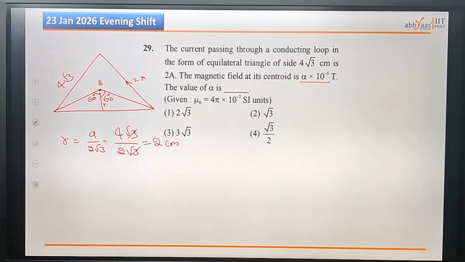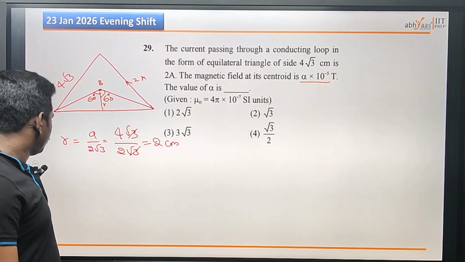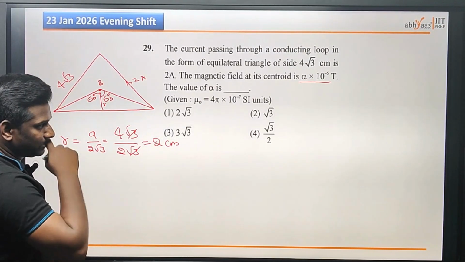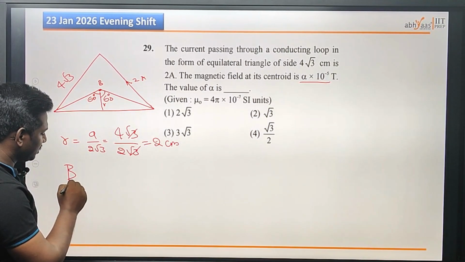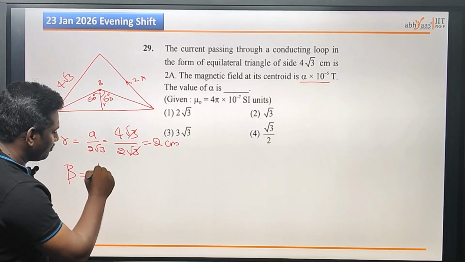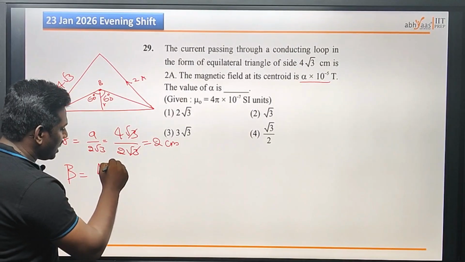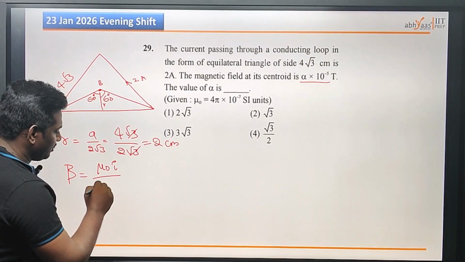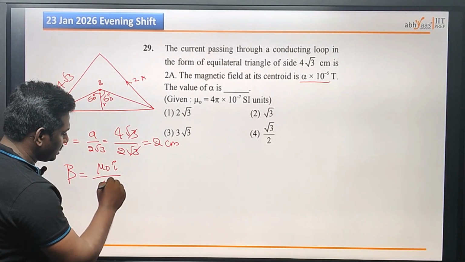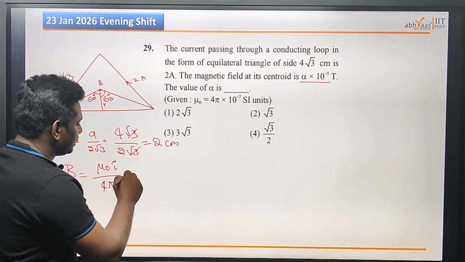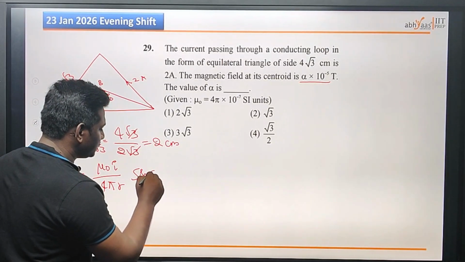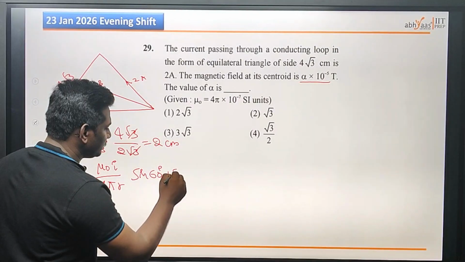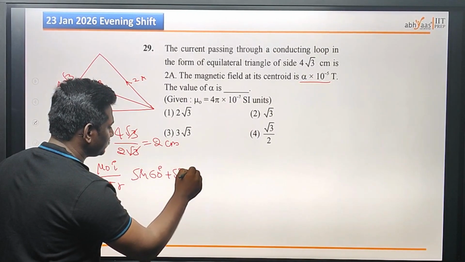So finally you have to find magnetic field. Magnetic field at a centroid can be written as mu naught I by 4 pi R into sin theta 1 plus sin theta 2, that is sin 60 degrees plus sin 60 degrees.